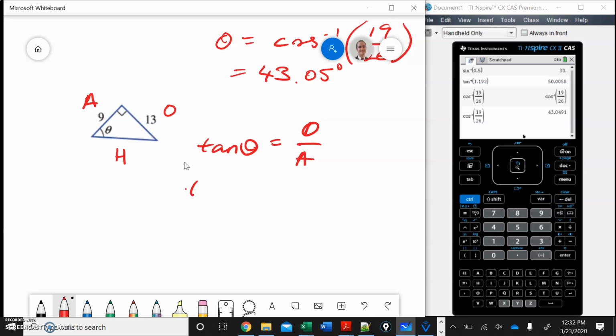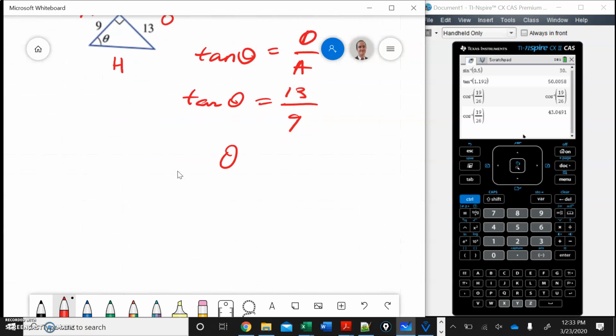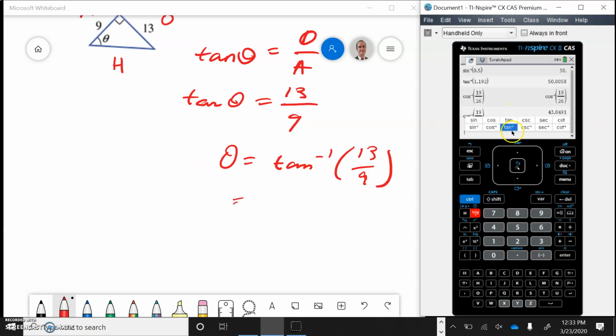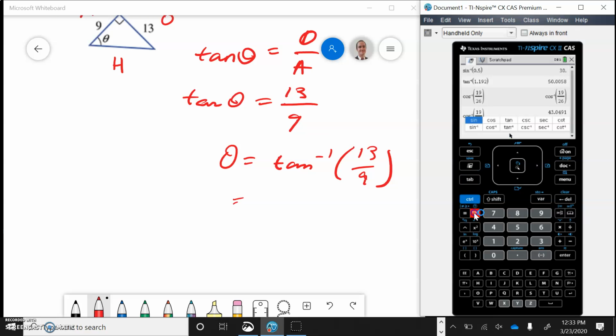Then we substitute those values. So tan of the angle is 13 divided by 9. Then we write the angle on its own, equals tan -1 of 13 divided by 9. In the CAS, we go inverse tan, 13 divided by 9, and enter.